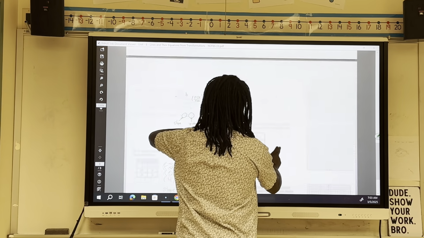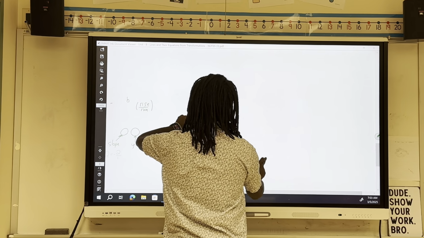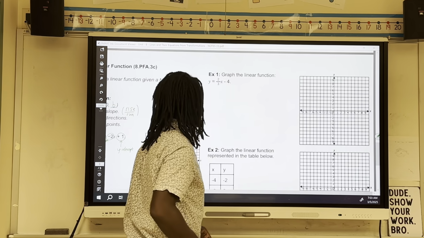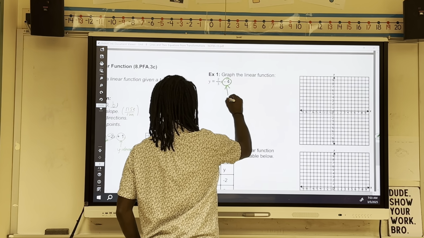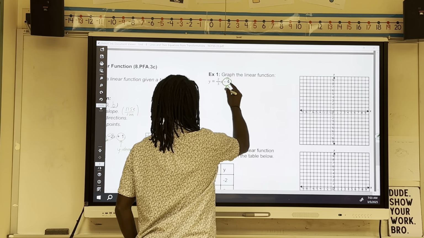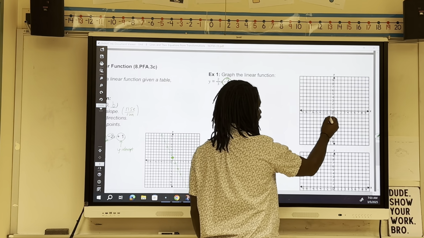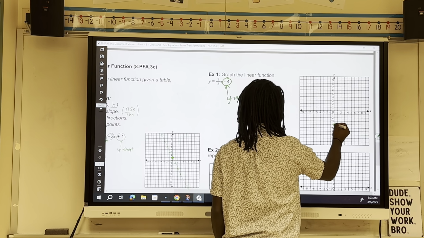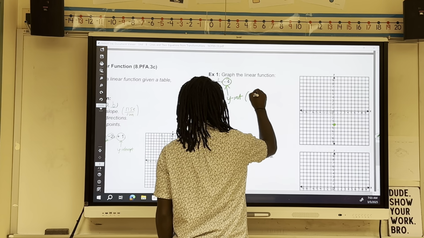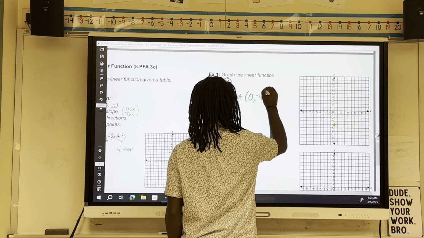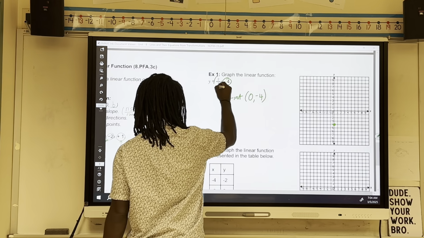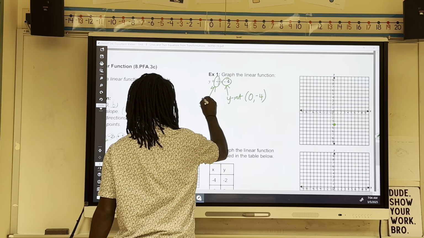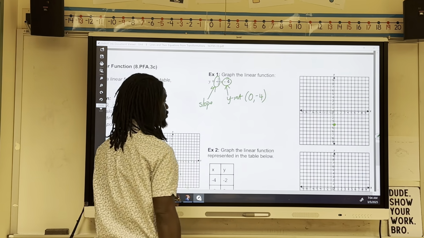All right, so in example number 1 that you did on your own, we're going to start by graphing the y-intercept. Okay, so that is the y-intercept. That's at -4, so I'm going to go down, okay, -4, right, because that is 0, negative 4 is the point, right? And then I'm gonna use my slope, okay? This is my slope, and I'm gonna use the slope to find other points.